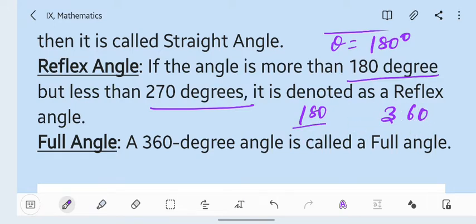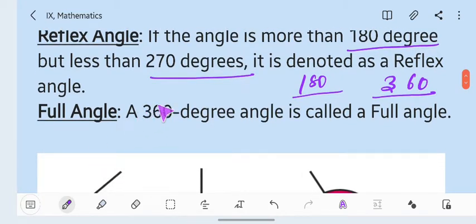So all the angles falling between 180 and 360 will give you the reflex angles. And the complete angle, which is also called a full angle, a 360 degree angle, is called a full angle.